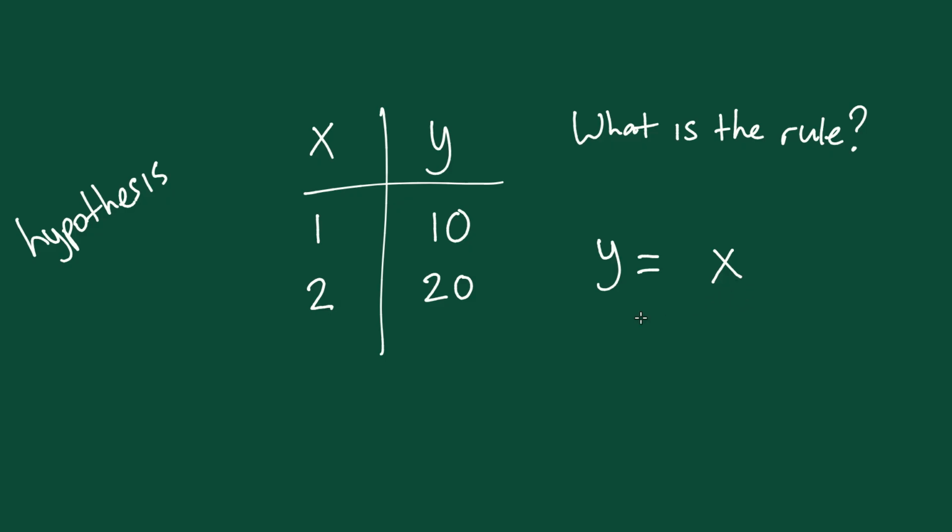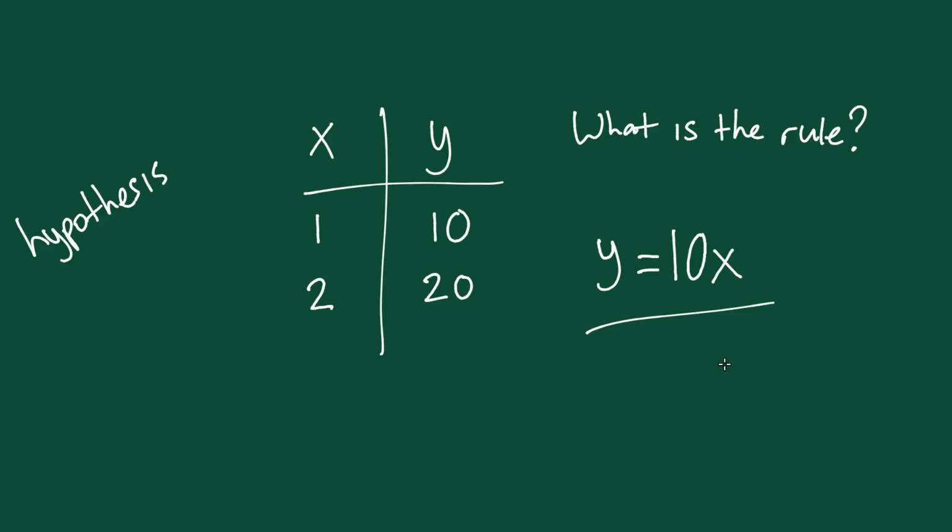Here's our input, here's our output. So for this sample problem, our y is going to be x times 10. Boom. This would be our function, and the rule would be multiply x with 10.